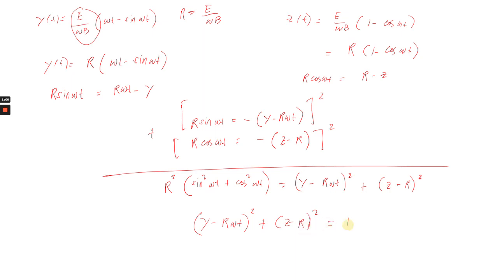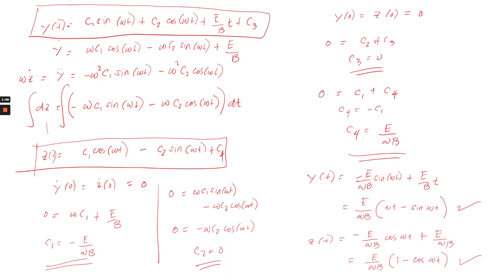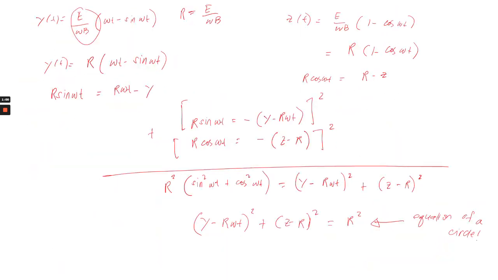Now this is familiar because that is actually the equation of a circle. So it comes as no surprise that its path or trajectory is a circle, right?